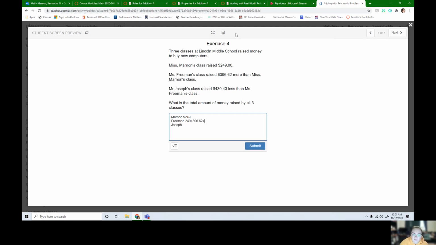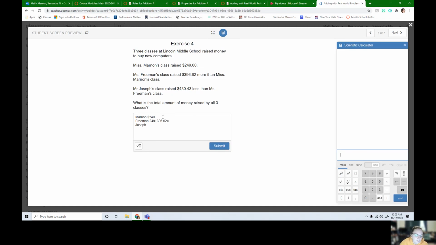We get that calculator out again. Once we start getting big numbers and decimals and fractions, we should always be using the calculator. So 249 plus 396.62 gives us $645.62. Let's put the $ sign there so we know what we're talking about.